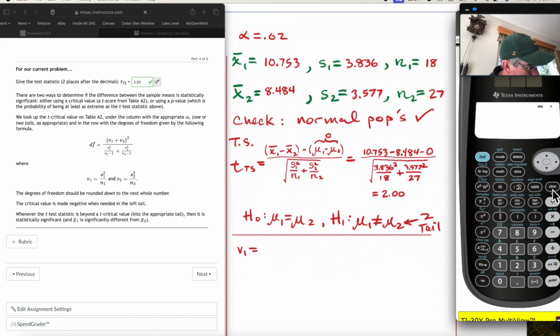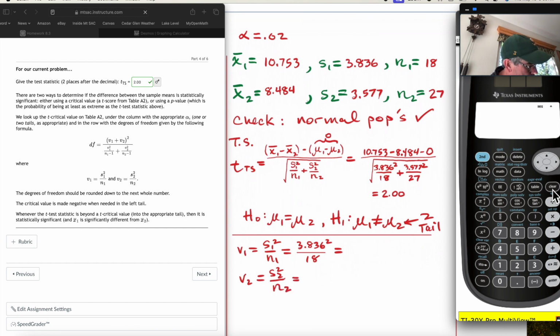So that's S1 squared over N1. Okay, so that is 3.836 squared over the N1, which was 18. Okay, I'll do that in a sec. V2 is S2 squared over N2.